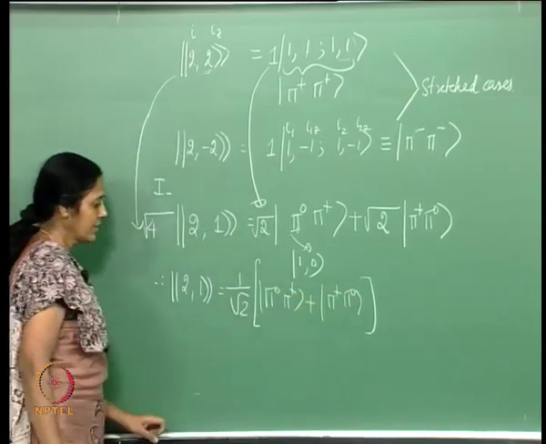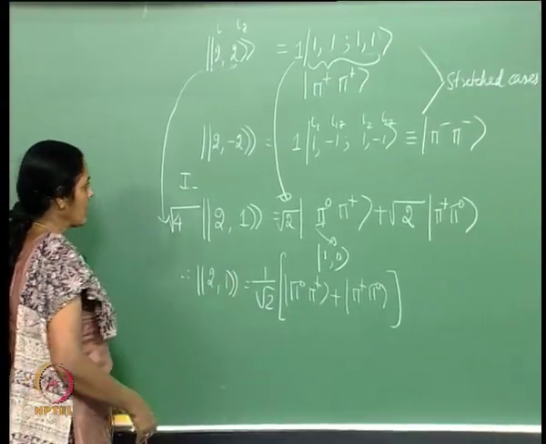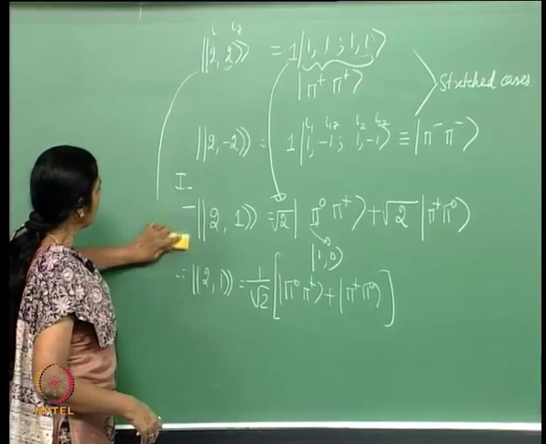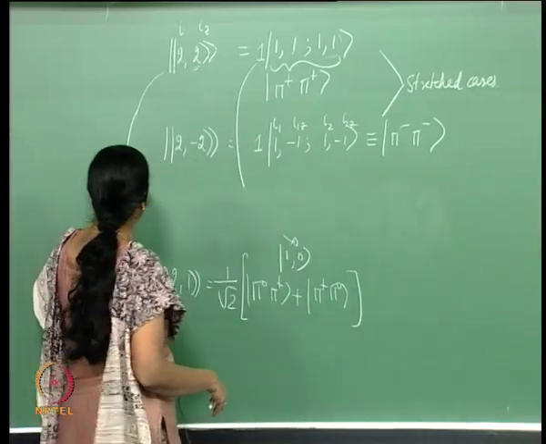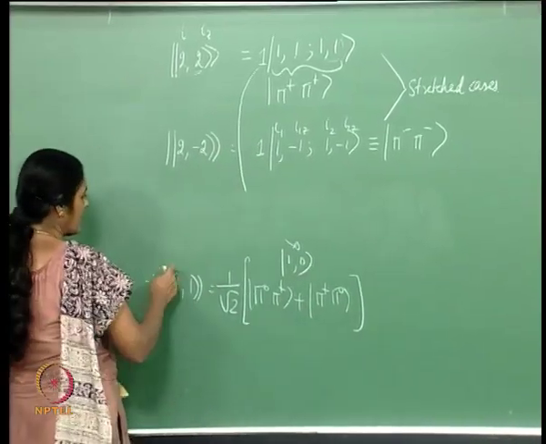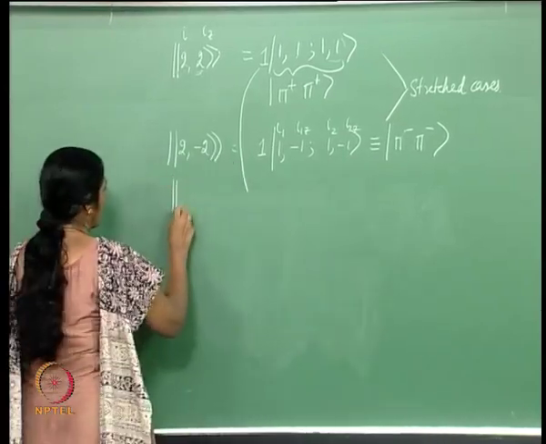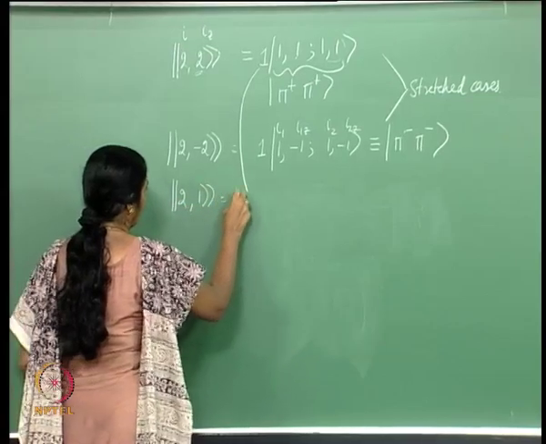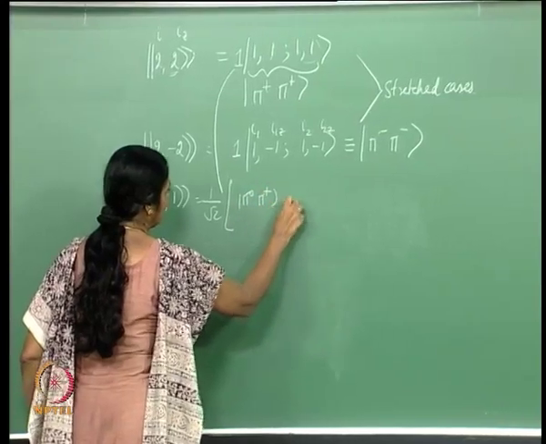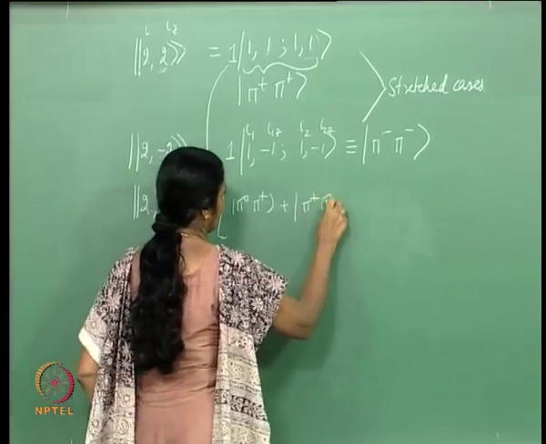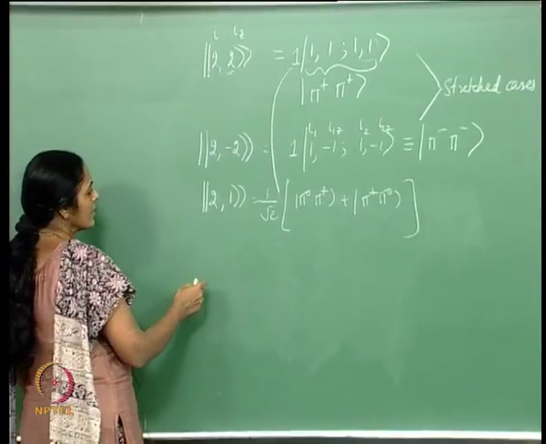Similarly here, that's a matter that should be checked out at every stage, that the Iz values are all right. So let me remove this part of the algebra, and I can just write 2, 1 as 1 by root 2 pi 0 pi plus plus pi plus pi 0. I will comment on their symmetry properties a little later. So that is what we have. The next thing is 2, 0.